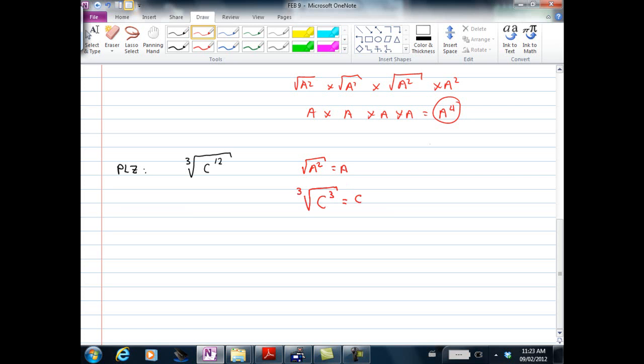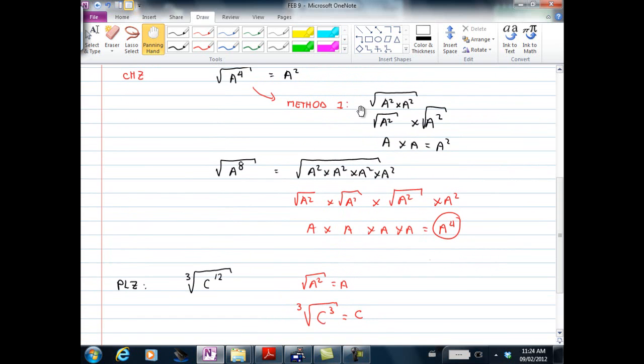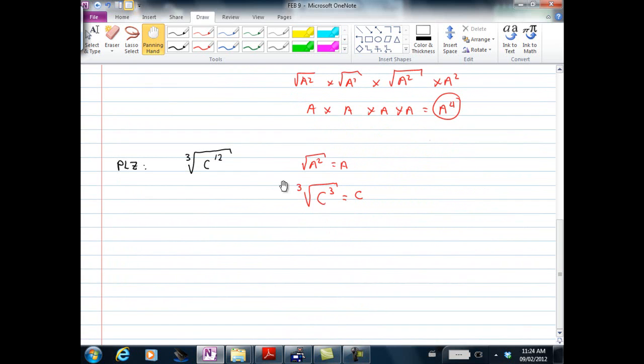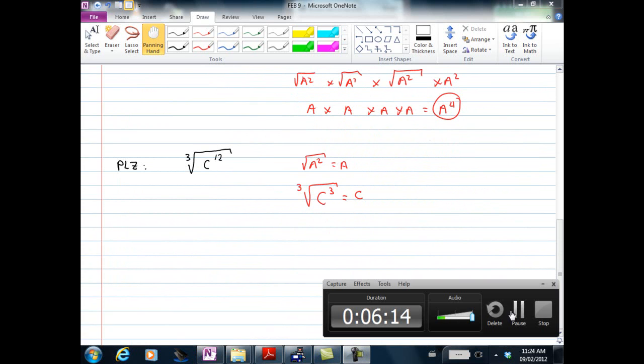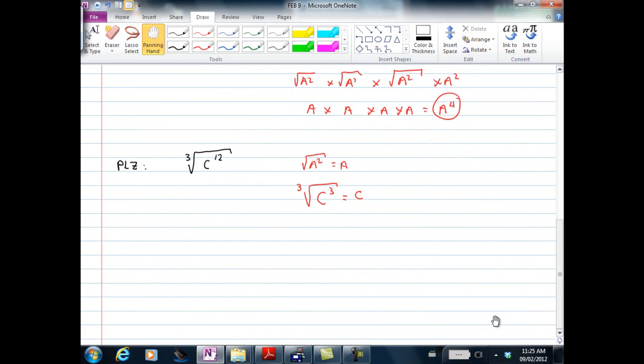C. That's your hint. The cube root of C cubed is C, because what number times itself 3 times gives you C cubed? You're going to use the same technique that I did with method 1. How many C cubes can fit into 12? I'm going to let you think about that on your own.